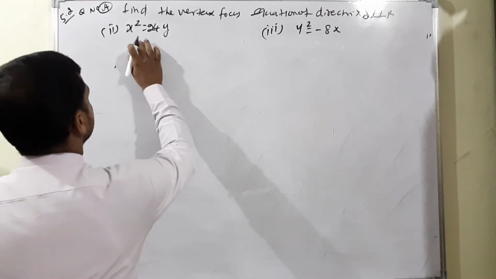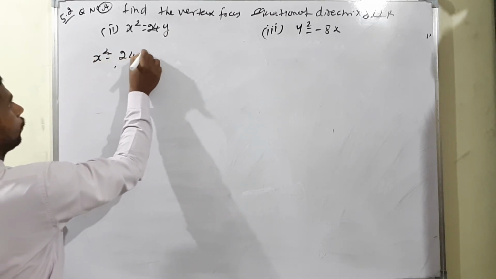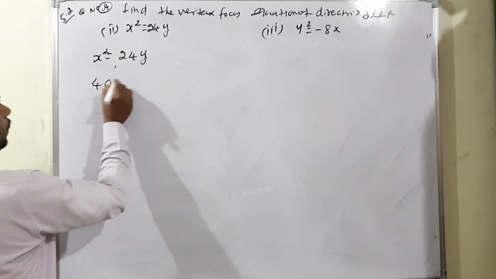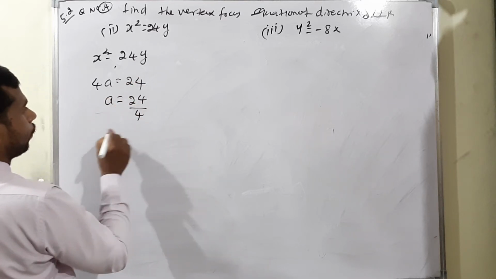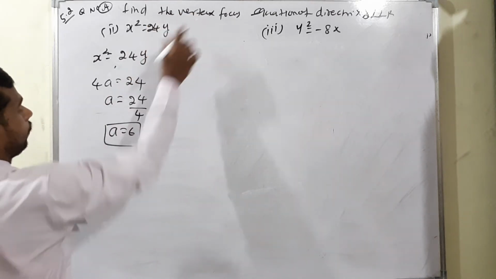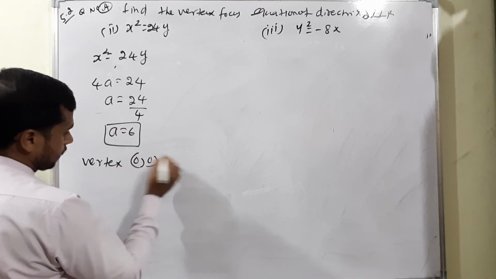So subdivision 2, x square is equal to 24y. Simply we can say x square is equal to positive 4ay. So positive 4ay means 4a is equal to 24, means a is equal to 24 by 4. Therefore a value is 6. Okay. After getting the a value, vertex. Vertex means center. We can say 0, 0.